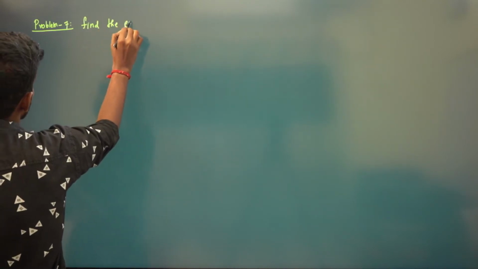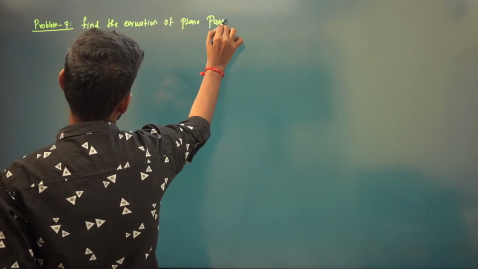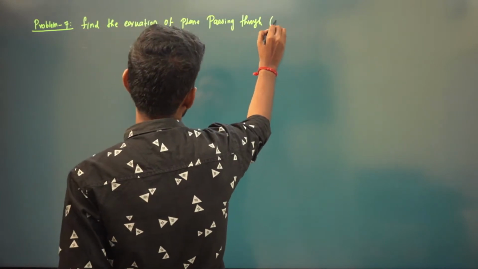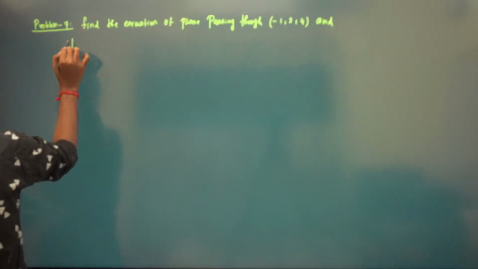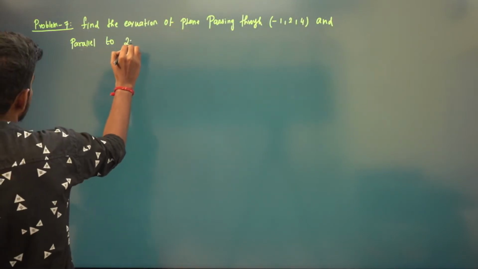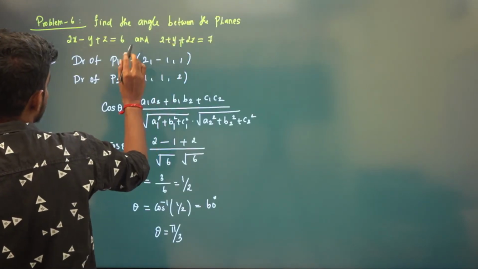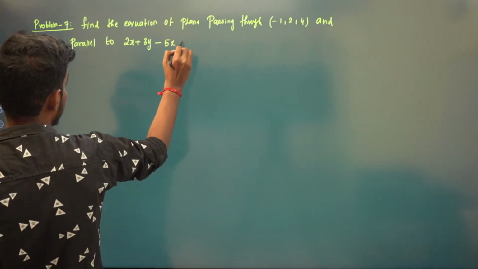So problem 7: Find the equation of plane passing through minus 1 comma 2 comma 4 and parallel to 2x plus 3y minus 5z plus 6 is equal to 0.